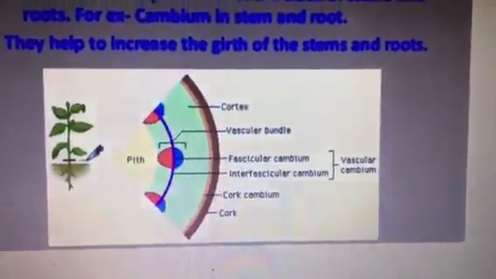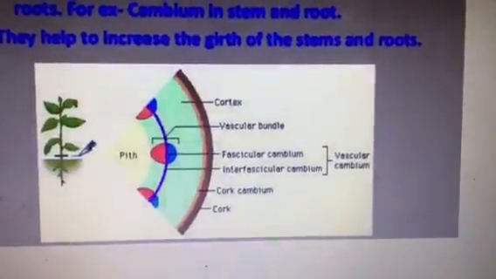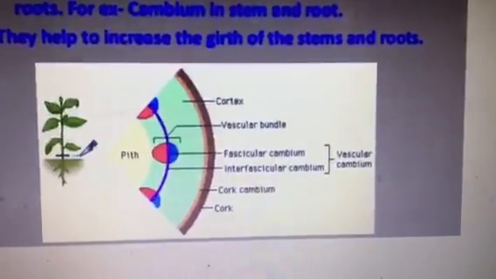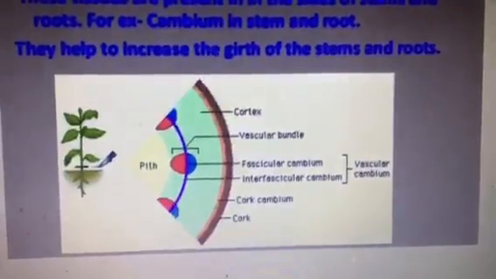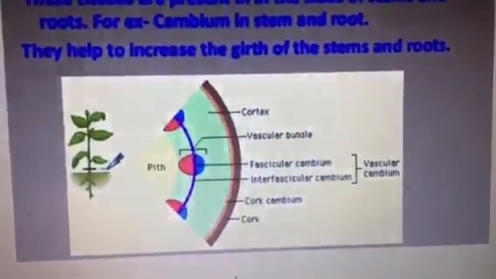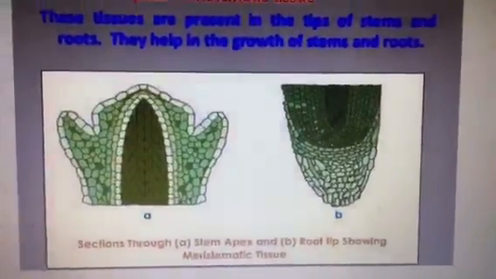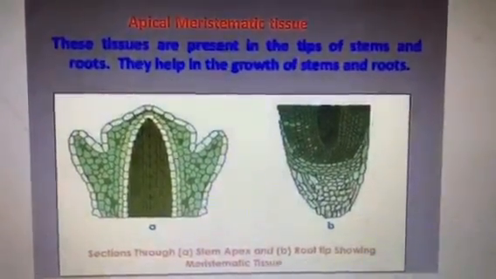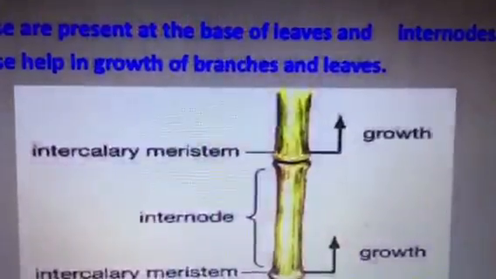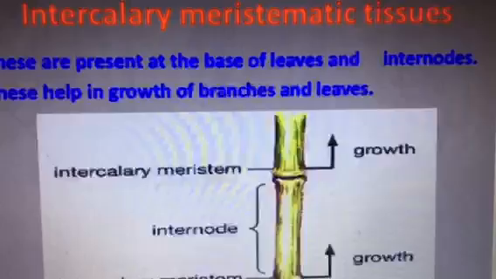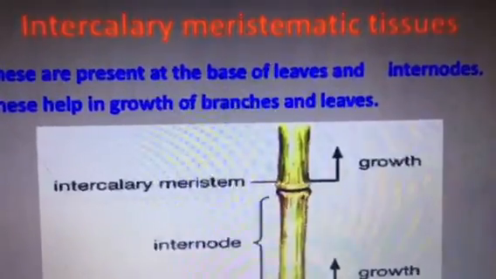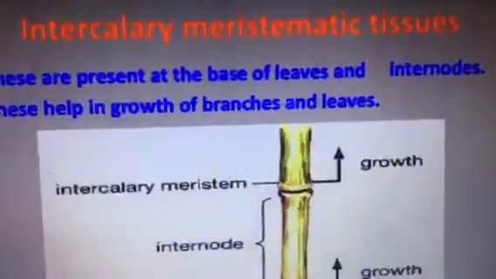Cork is a tough protective material which protects the stem and root of the plant. So all these, that is lateral, intercalary and apical meristem, together result in secondary thickness of the plant.